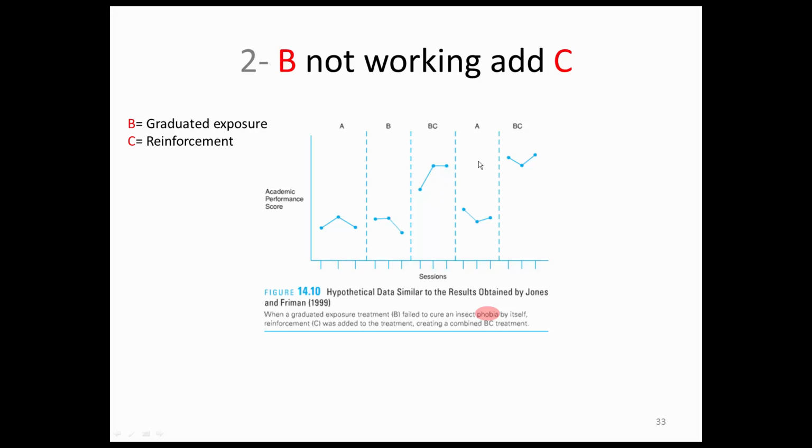So in the next phase, you remove both of them and you see it goes back to baseline, and then again you apply both B and C treatment, and you see the scores go up. So definitely the combination of B and C is working, because when you have them the score is up, and when you remove them the score goes down.